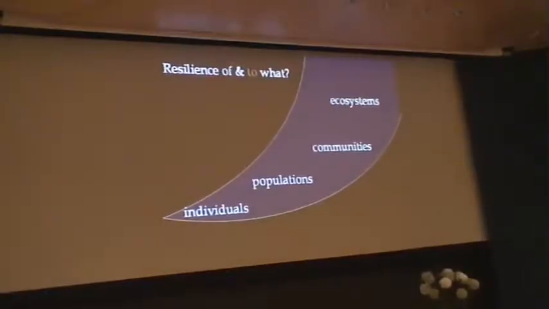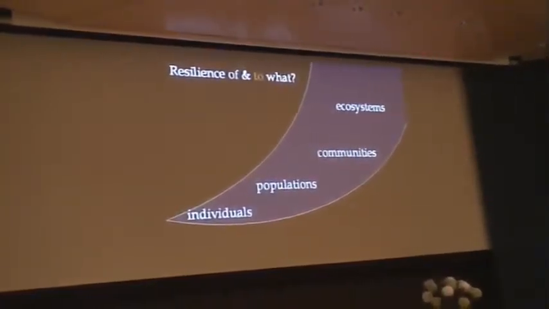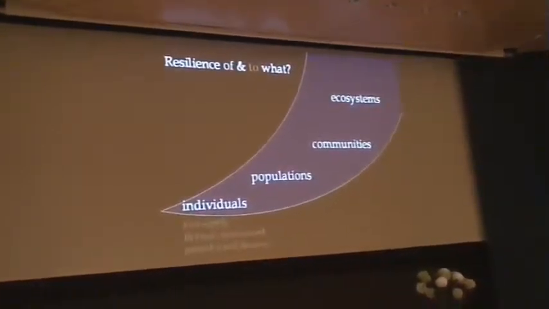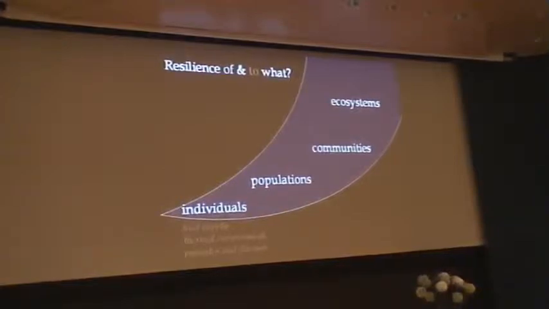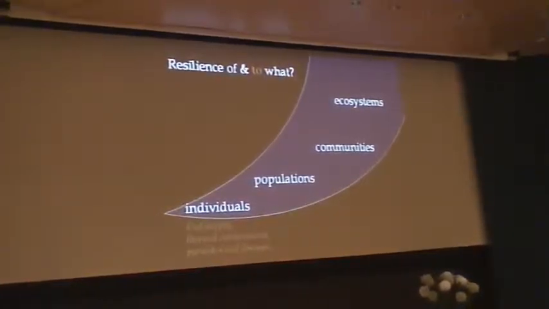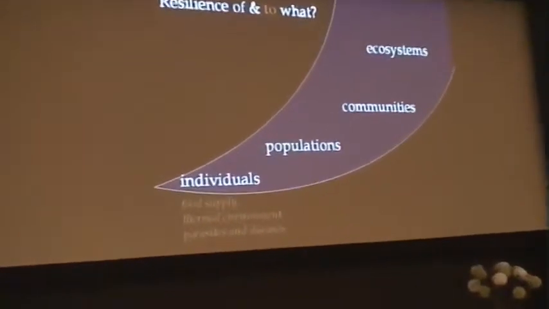So what would these different levels be resilient to? The kinds of perturbations you can think of, and these are not exhaustive lists, for individuals include variability in food supply, fluctuations in the thermal environment, and the occurrence of parasites and diseases.